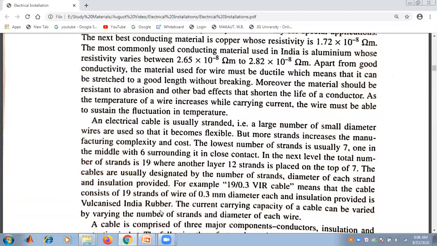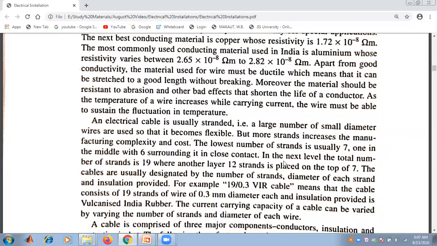Generally, an electrical cable is stranded, that is, a large number of small diameter wires are used so that it becomes more flexible, but more strands increase the manufacturing complexity and also the cost. The lower number of strands is usually 7, with 1 in the middle and 6 surrounding it in close contact.